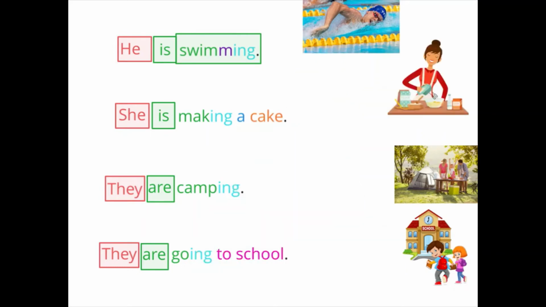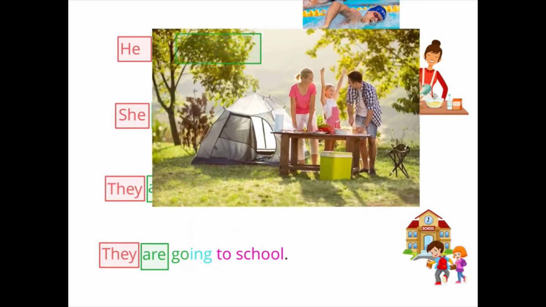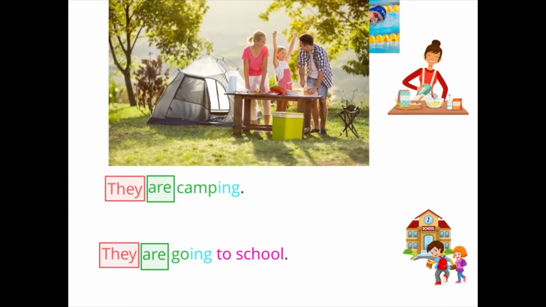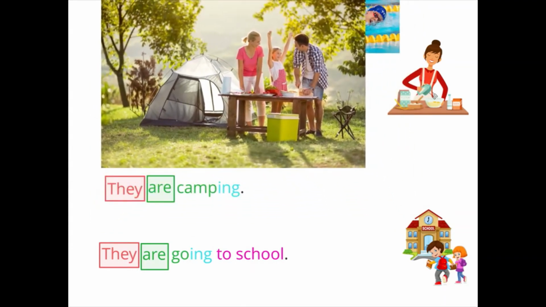Our next sentence is about camping. This is more than one person, so we have they are camping. And because it is more than one, we are using the verb are, not is. We do not say they is camping.